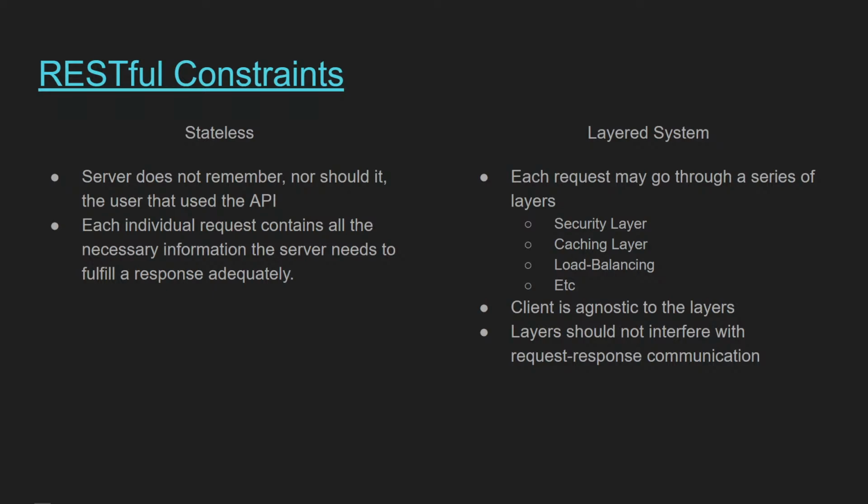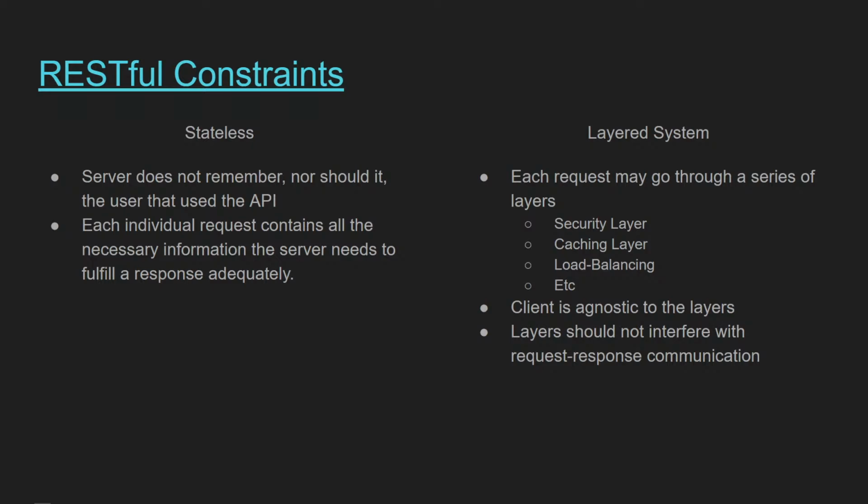So if you say, can I have this person's profile, it will send that profile. And then you say, can I also have their friends list? If you don't specify who you're talking about, the server doesn't know who you are. It doesn't know any context. It doesn't remember the last thing you requested. So you can't expect the server to know. That's what we mean by stateless. Every request that you send has to have all the information you need, regardless of whether or not you sent a request before. The server will not remember you. That's what we mean by stateless.